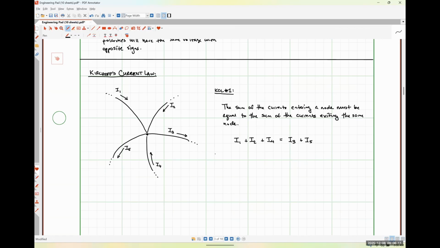Okay. So our second formulation: I'm just going to say that the sum of the currents entering a node must be equal to 0.